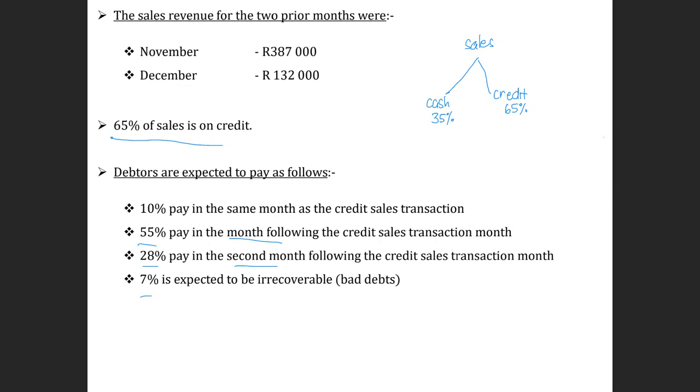Remember, the bad debts or irrecoverable portion will never be included in the schedule or the budget, because these show funds actually received from your debtor. Something that's written off is naturally not received and cannot form part of your cash flow. So we're ignoring the 7%.